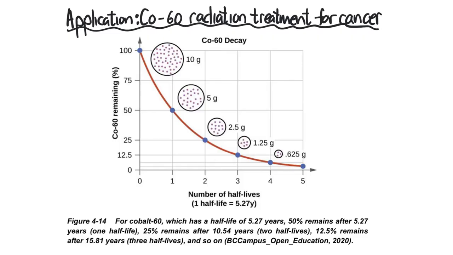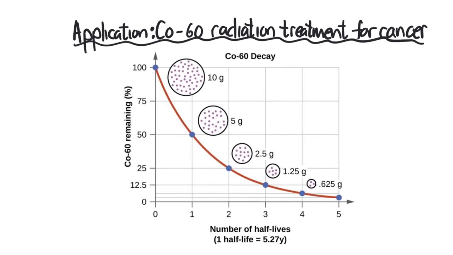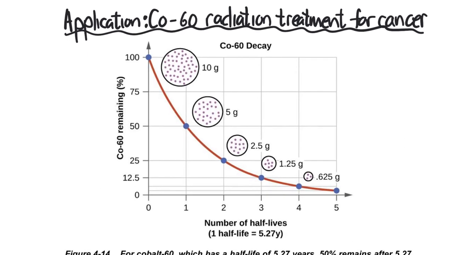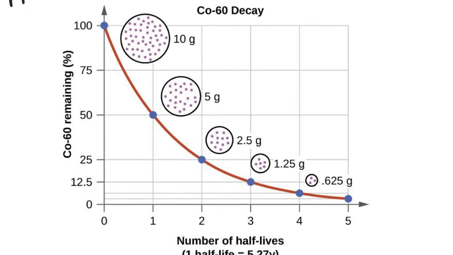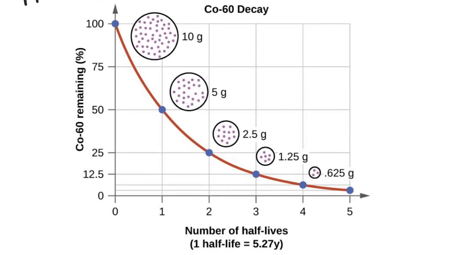So let's now look at a practical application, that of cobalt-60, which is used in radiation treatment for cancer. Now, if we look at the decay graph for cobalt-60, on the vertical axis, we have the amount of cobalt-60 remaining percentage-wise.